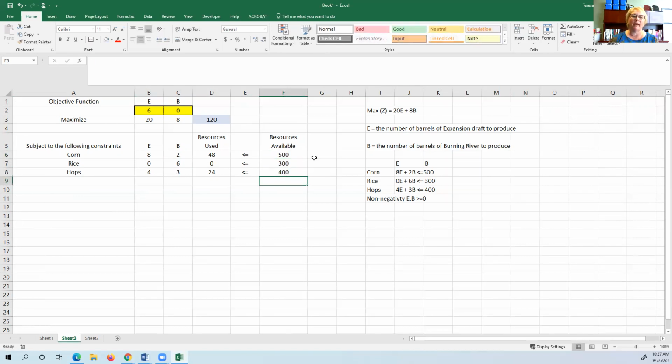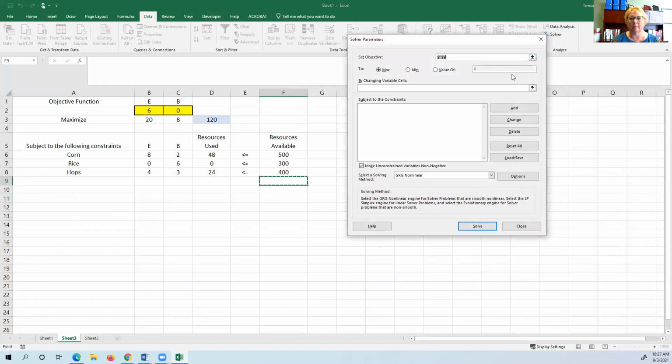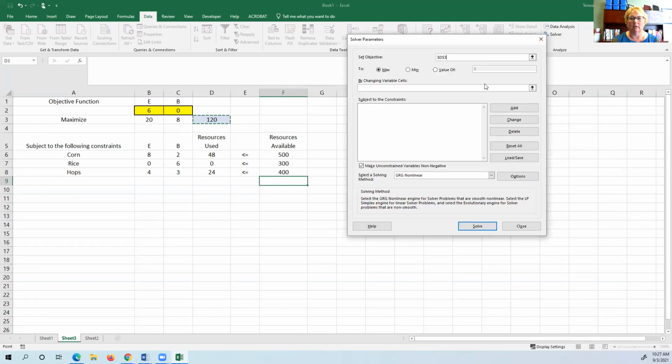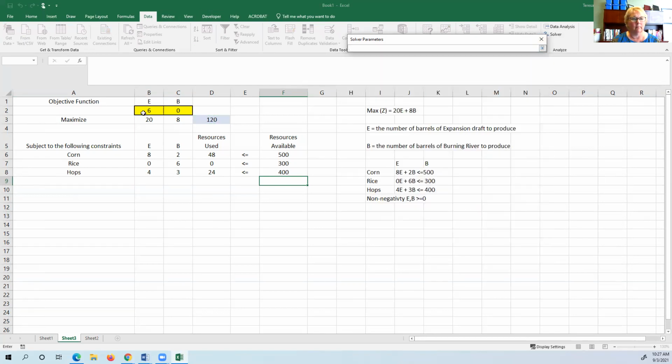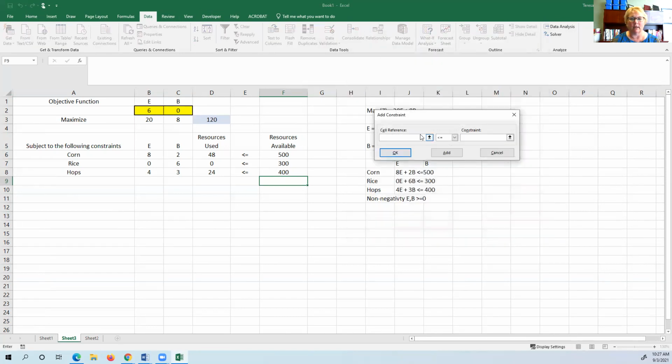Now, that works great when I have the exact same amount of variables and the exact same amount of constraints that I did on the last problem. And so all I need to do is come back to Solver and go Data, Solver. And I want to maximize D3 by changing B2 and C2 with the following constraints.